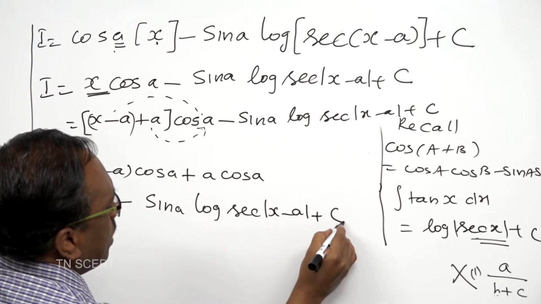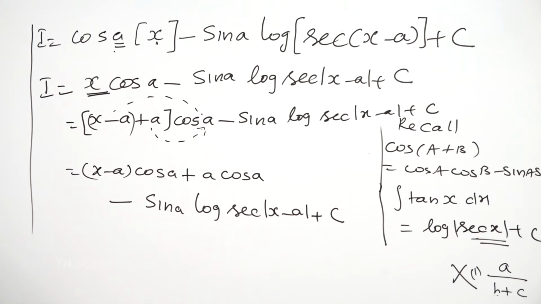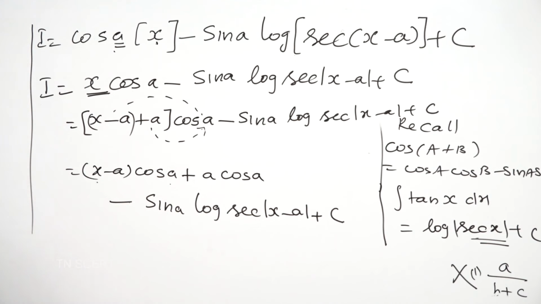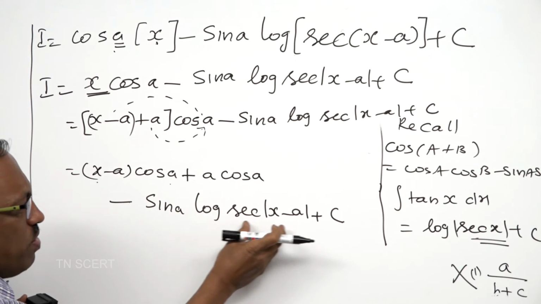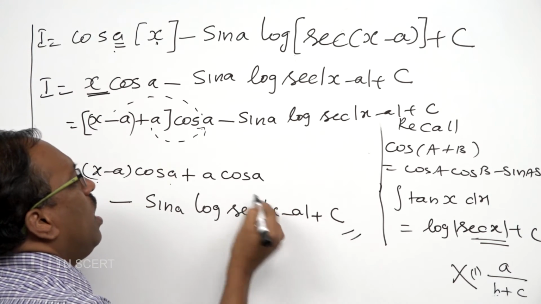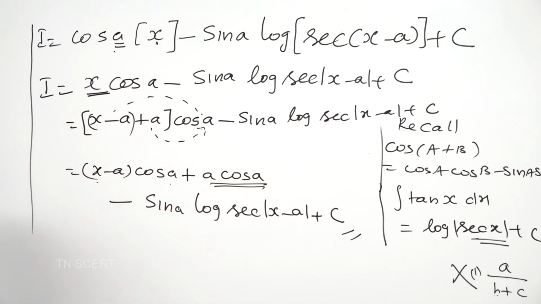Dear students, one thing you must remember, (x minus a) cos a involves x, sin a log of secant of (x minus a) involves x. Only two terms exist with only constants. What are they? One is c, the other one is a cos a. Perfectly a constant it is.